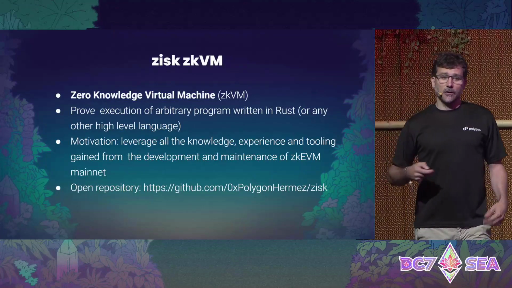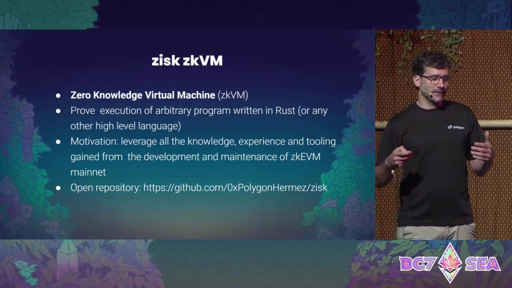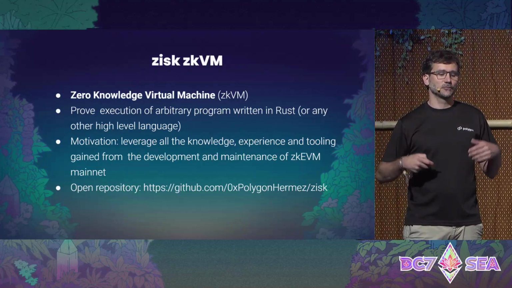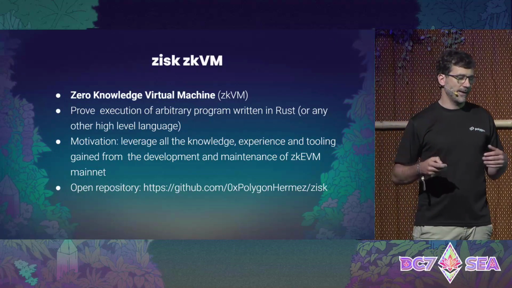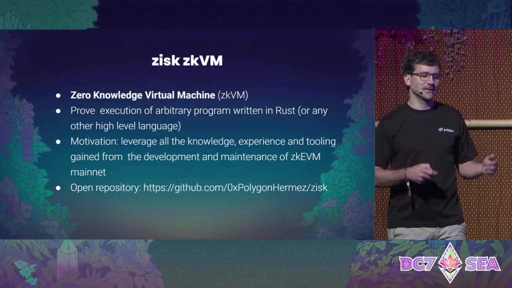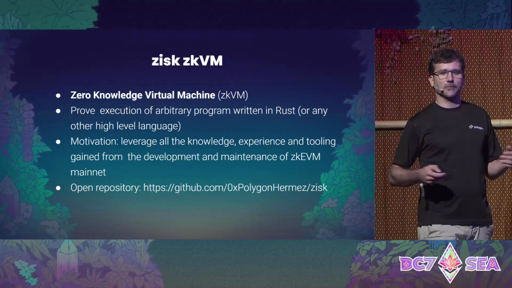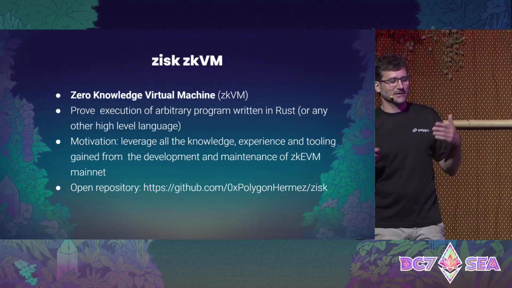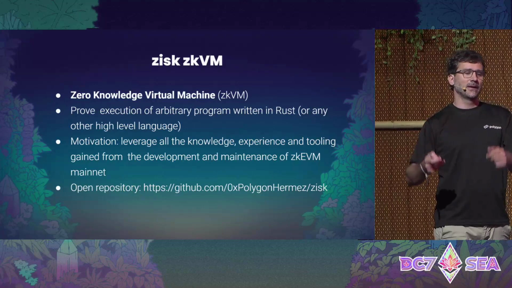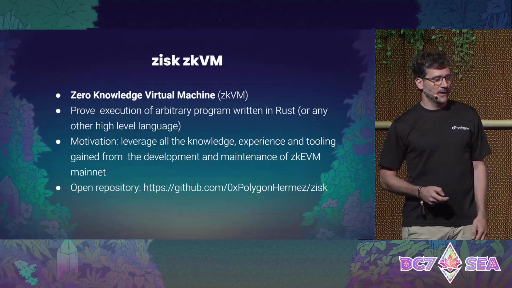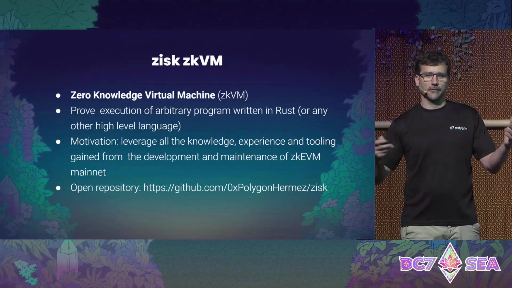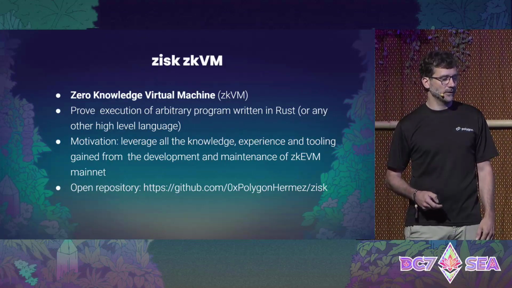The motivation for doing this project is very meaningful for us because we have acquired a lot of experience, a lot of tooling, a lot of knowledge on running the ZK-EVM, which has been on mainnet 2 years and, well, we have struggled a lot with performance, etc. So we can take advantage of all these things that we have learned to put them at the service of this new project, which is more general and can be more impactful in general for any user.